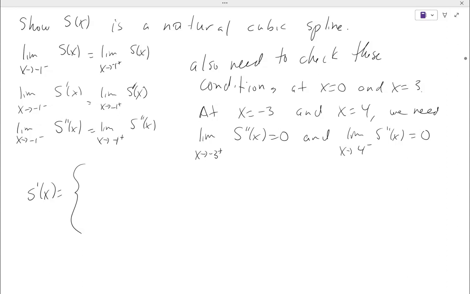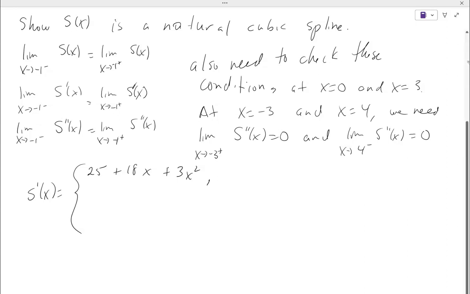What do we get for the derivative? 25 plus 18x plus 3x squared. I'm sorry, I was looking at the wrong term, still stuck on the x squared term. You're right, 3x squared.